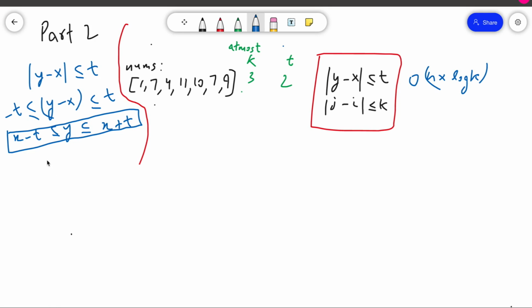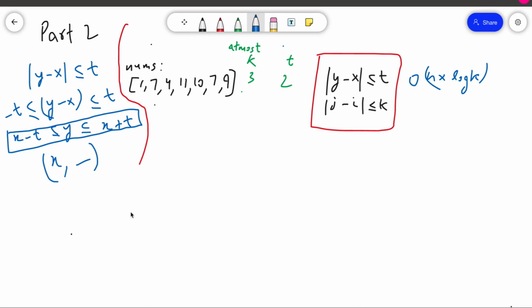So if we know the first number of the pair, we also know the range of the second number. And also note that we don't really need to find the exact pair. We just need to find whether there exists a pair in this array that satisfies this constraint according to the question.